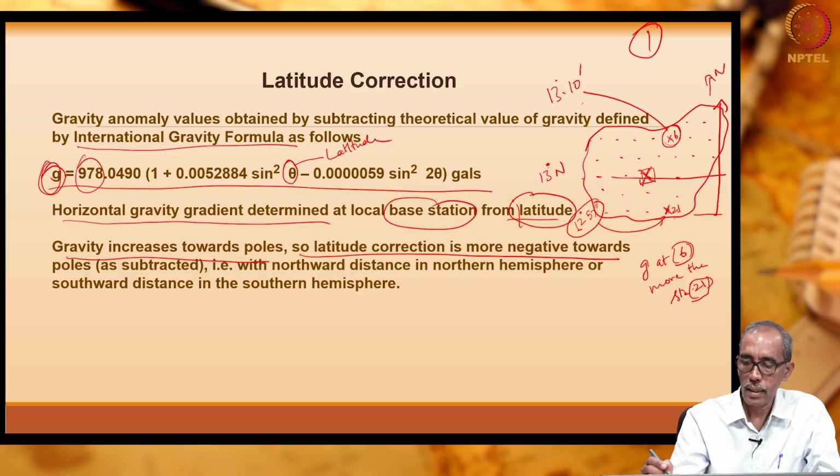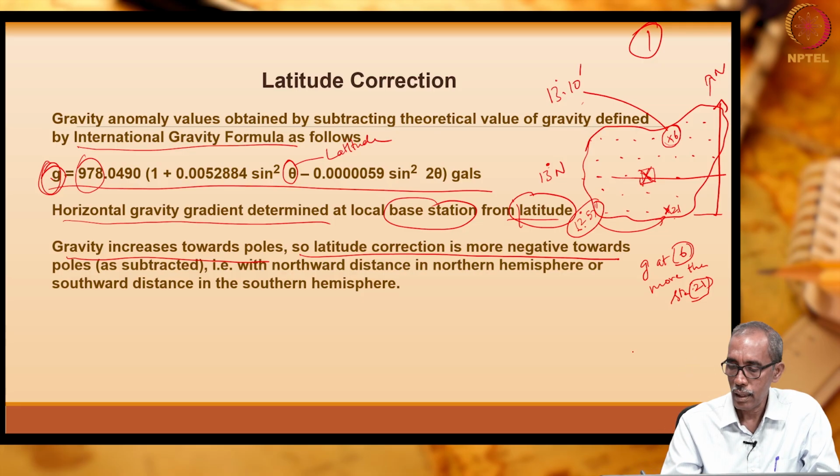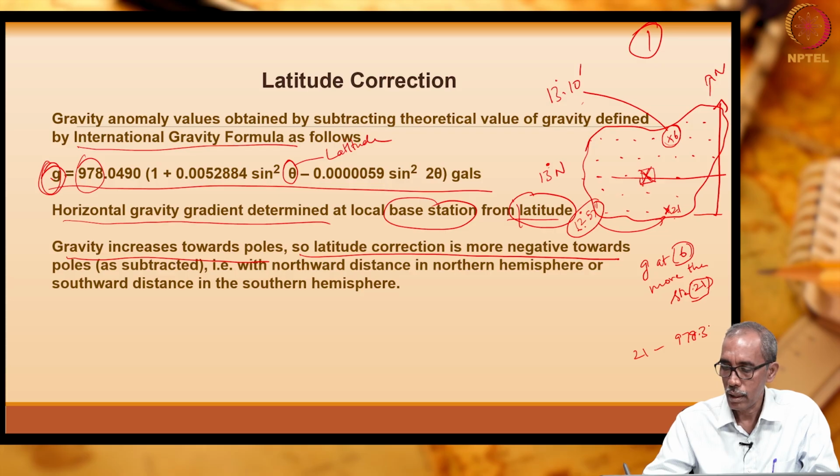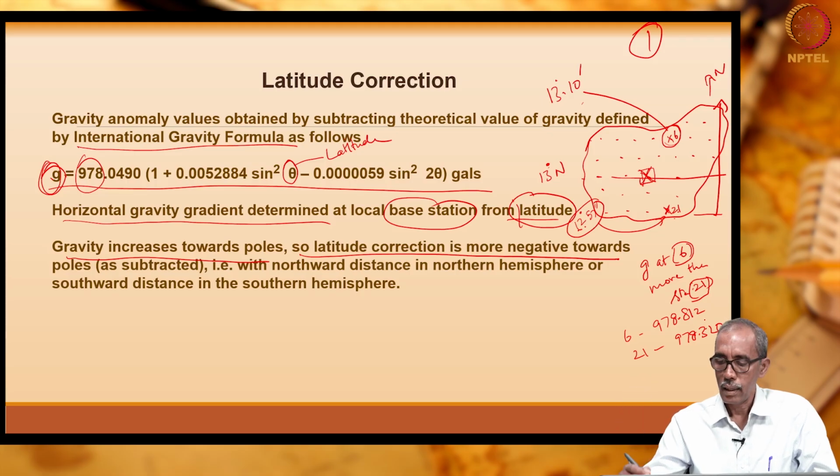We know the difference between these two. You get, let us say here for station number 21, when you use the gravity formula, the value which you got is 978.32. For station number 6, when you use the formula, the value you should have got should be slightly more than this, isn't it? Let us say we got 978.812. Now we know the difference between these two.